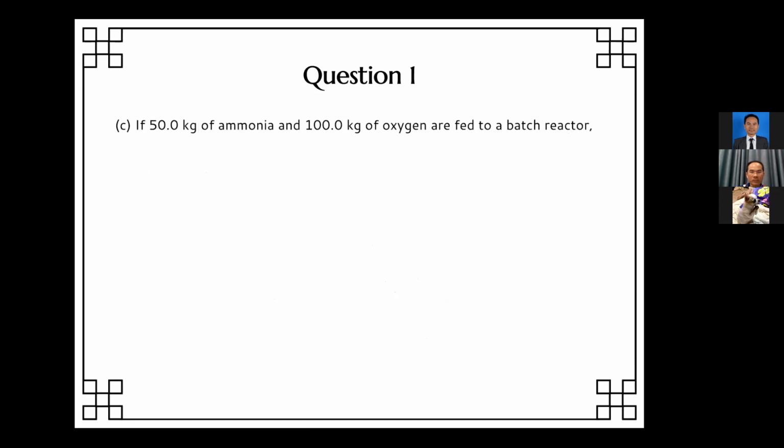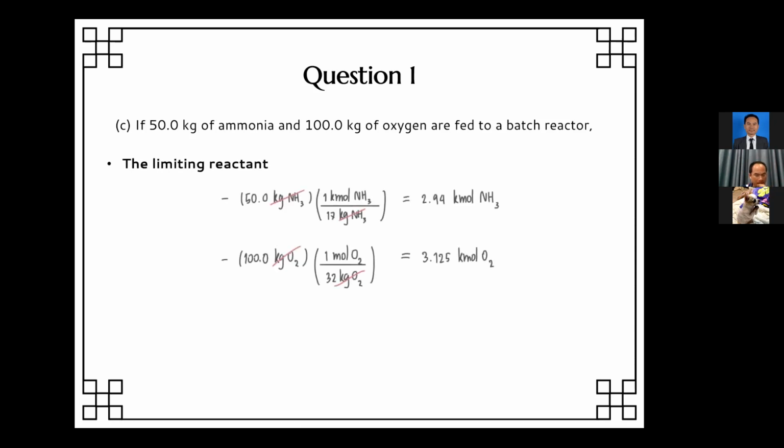And question C, if 50 kilograms of ammonia and 100 kilograms of oxygen are fed to a reactor, first we want to find the limiting reactant. We have to convert the initial masses of the reactants to kilomoles by using their molecular weights, divide the moles of oxygen by that of ammonia, and compare to the stoichiometric ratio of the chemical equation.